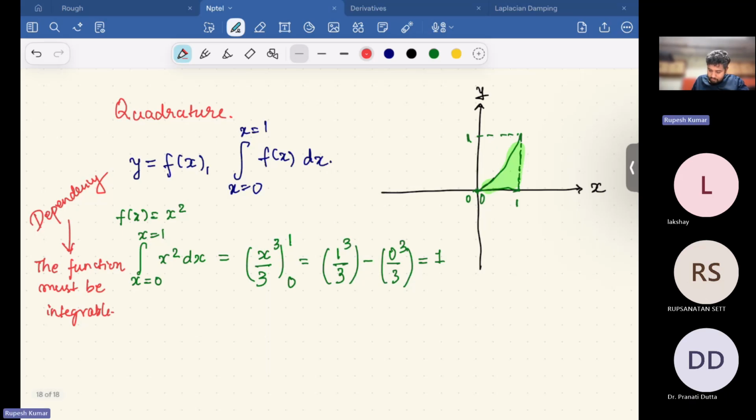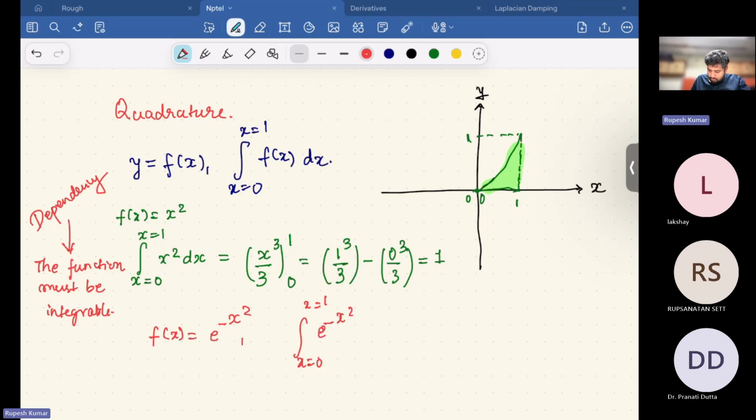Right. So if you choose a function like this, f of x is equal to e raised to the power minus x squared, then you can't find the integral of this function from 0 to 1, right?